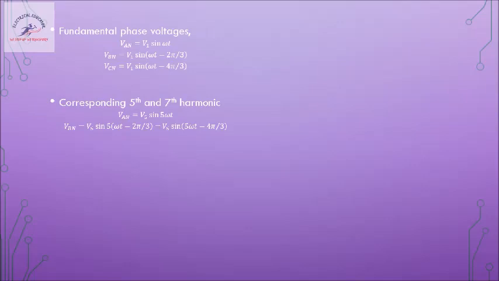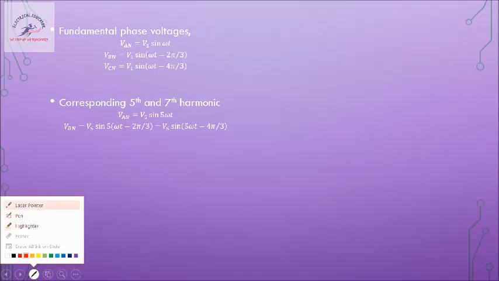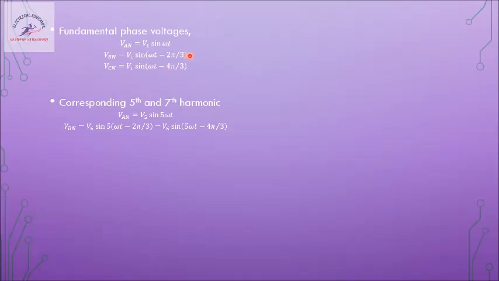It should be V5 sin, with a frequency 5 times the fundamental, but VBN lags VAN by 120 degrees. So the terms inside the bracket are retained as follows, that is omega t and 2 pi by 3. This term is retained as it is, and the whole term inside the bracket is at fifth order frequency.